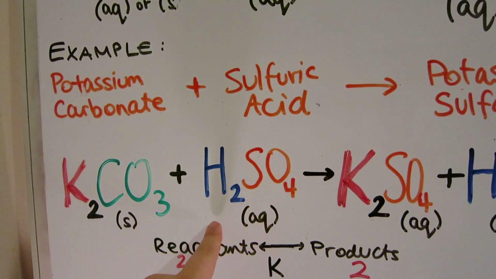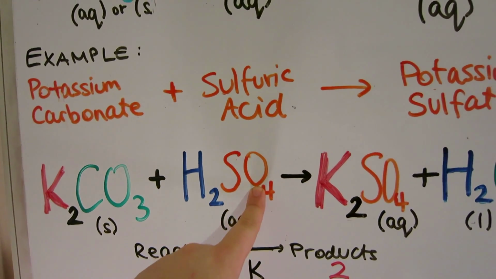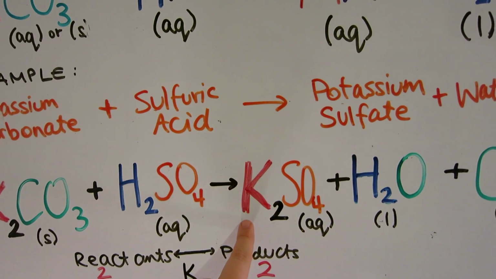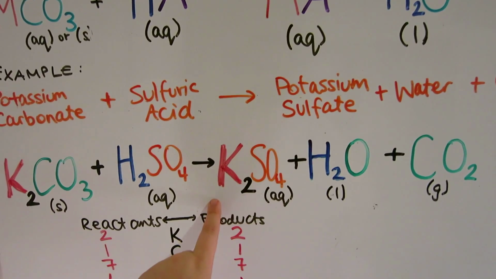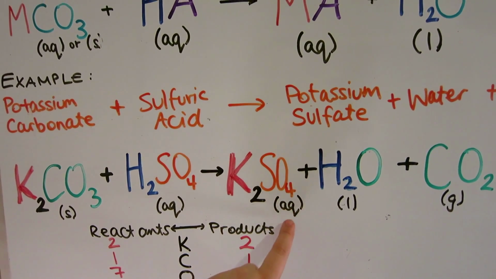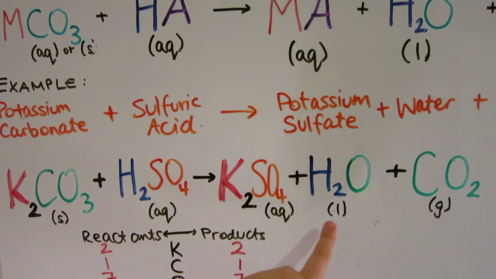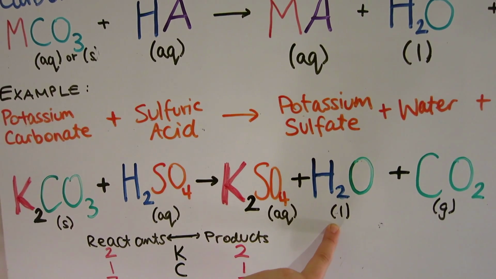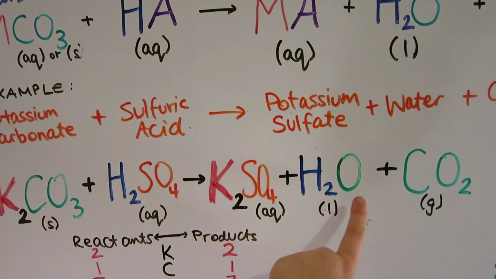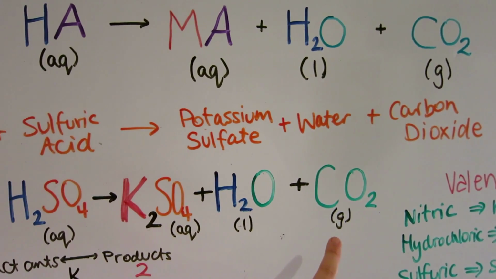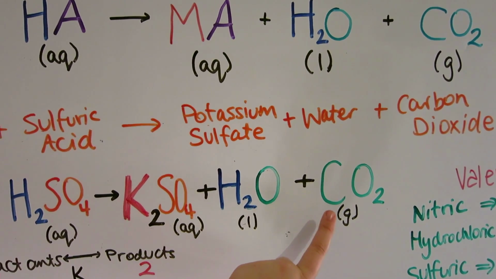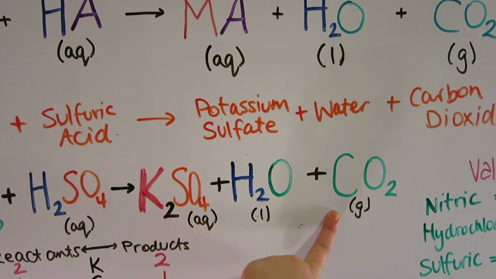We have our sulfuric acid, H2SO4, and we have produced now our potassium sulfate, K2SO4, remember this is in solution. We have our water produced, H2O, remember the O comes from the carbonate. And we also have our carbon dioxide produced, which is our gas that we test for.